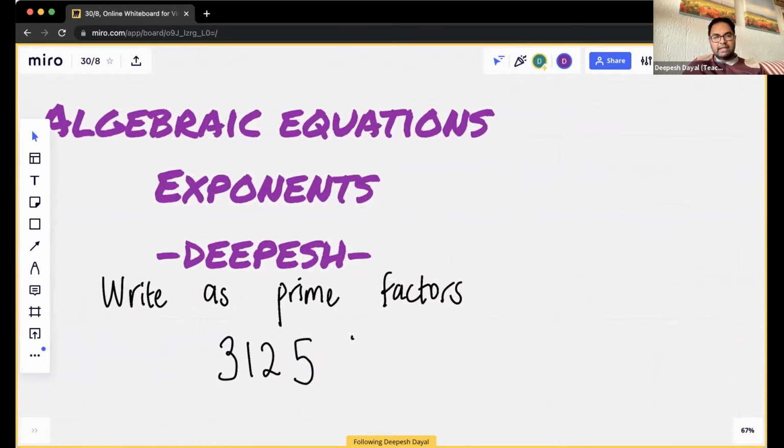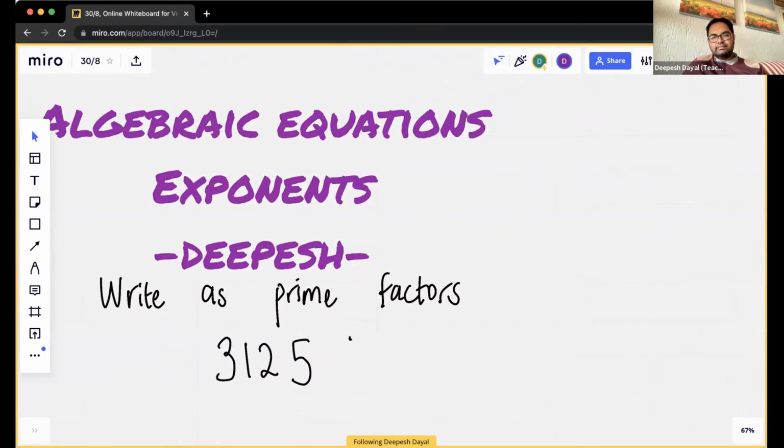You can use the ladder method or your calculator. You're welcome to type it in the chat or unmute and let me know what the prime factors of 3,125 are.